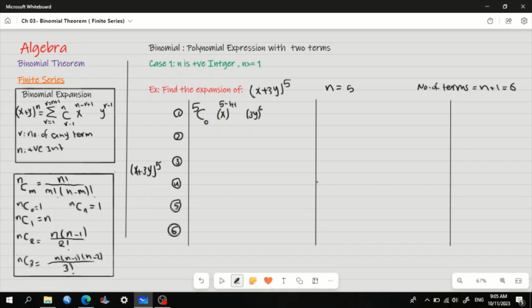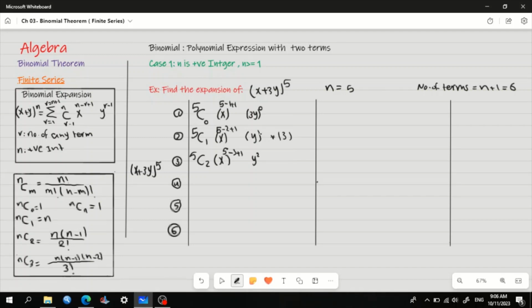(3y) to the power 0. Okay, 5 combination 1. Here we have x to the power 5 minus 2 plus 1. And here we have y and 3. Okay, 5 combination 2 of x to the power 5 minus 3 plus 1.